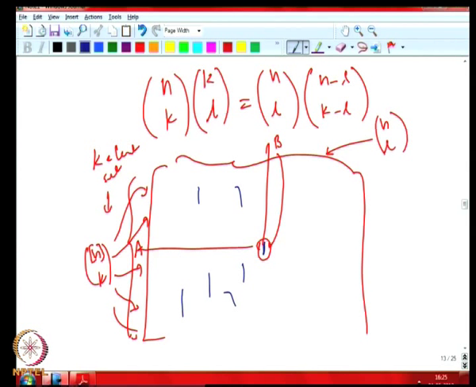Then we count the total number of ones. So, how many ones are there?